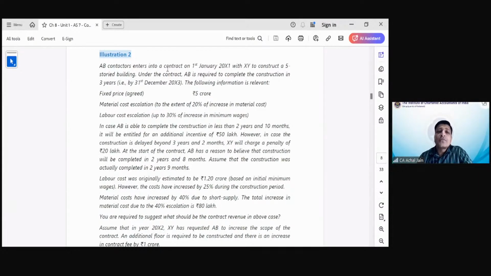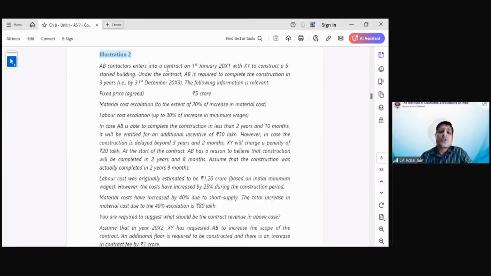At the start of the contract, AB has a reason to believe that the construction will be completed in 2 years, 8 months. So AB will be able to get the incentive.